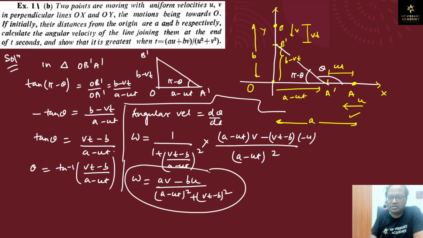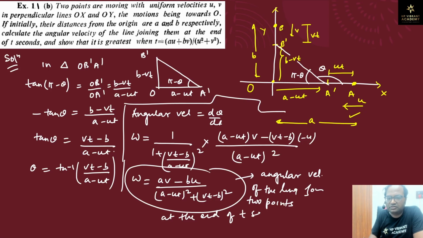Okay, so this is the angular velocity of the line joining the two points at the end of t seconds.